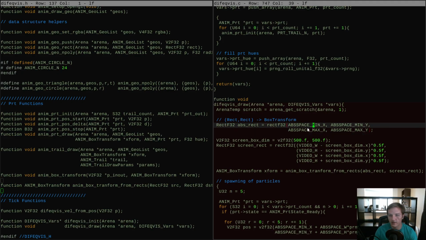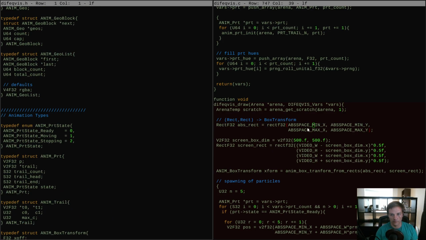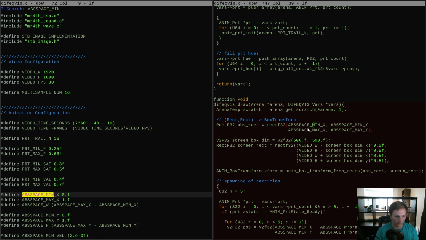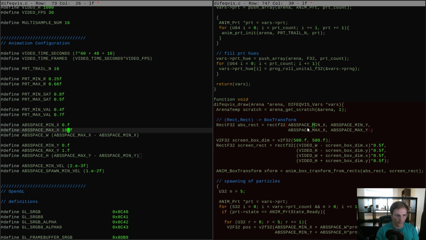If I was not using a unit square, but wanted to use the range 0 to 100, say, let's actually do that, just to see some things break.